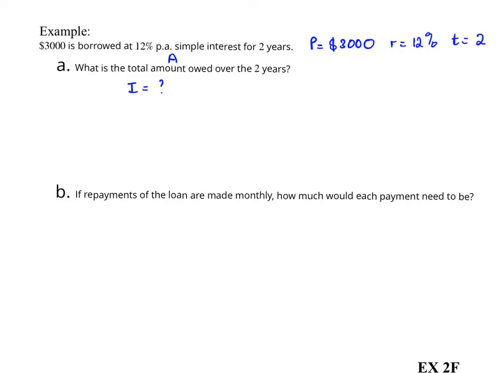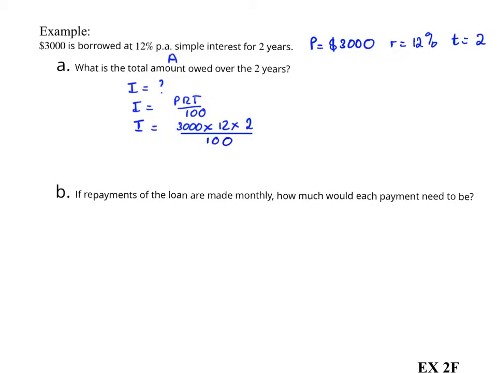So given that we know P, R and T, we're using our rule, I equals PRT over 100, substituting in again. So I equals 3,000 times 12 times 2, all divided by 100.